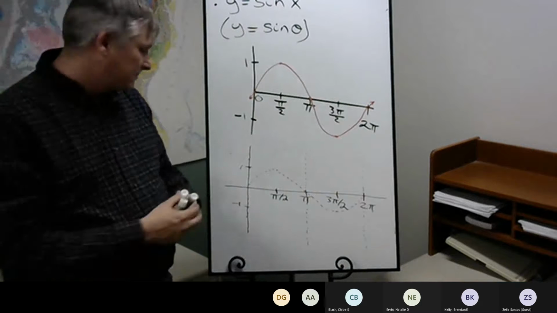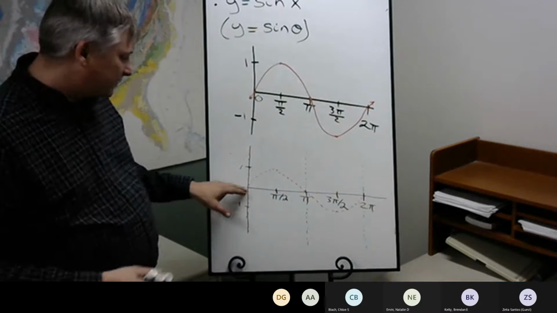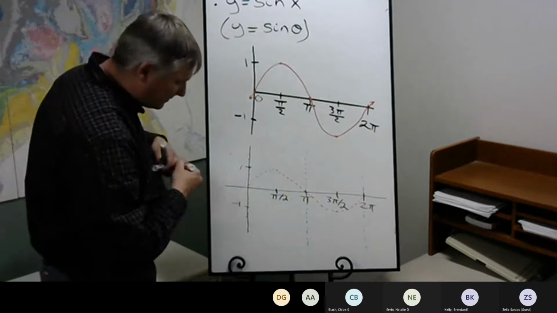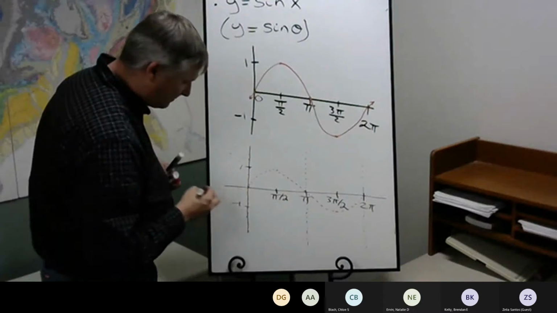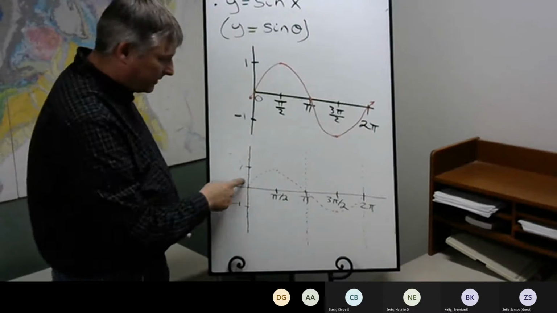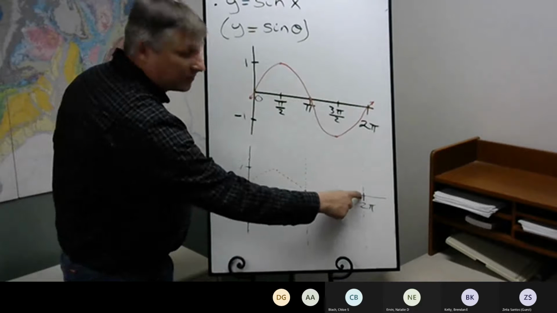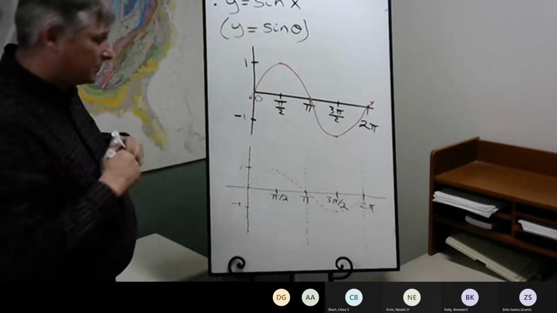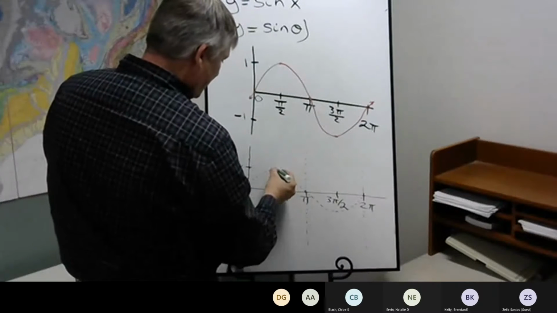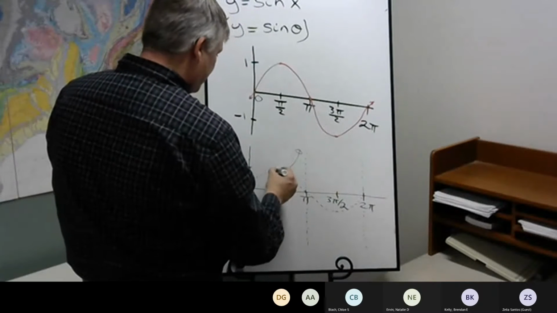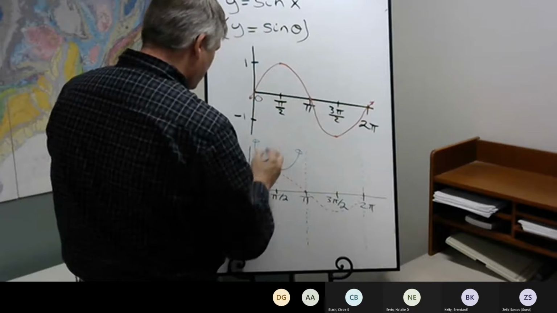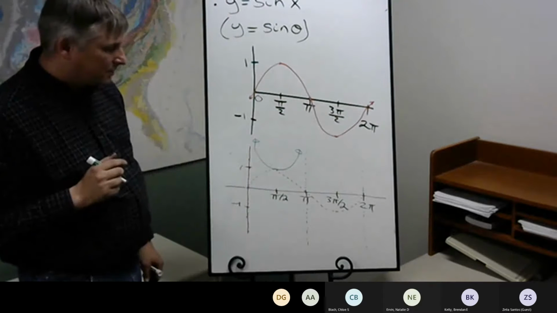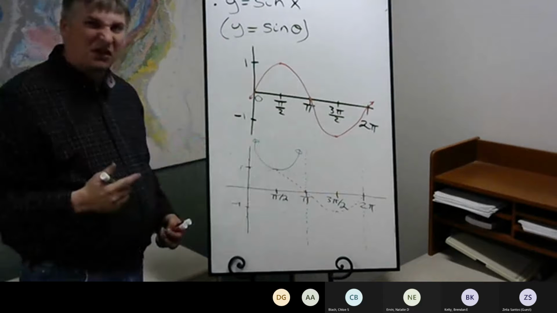So once you've done this, every time the sine function contacts that x-axis, vertical asymptote, vertical asymptote, vertical asymptote. And then draw in cosecant: at the top of the sine function, between the asymptotes, put this sort of parabola-looking thing.